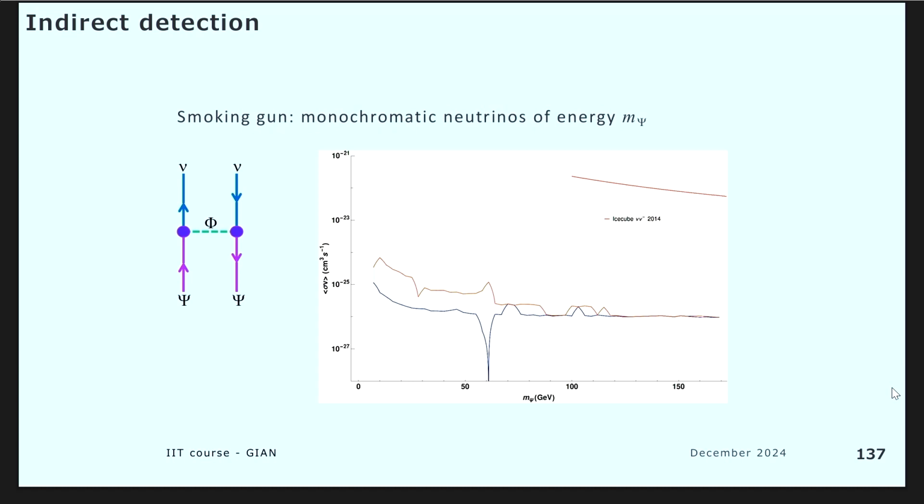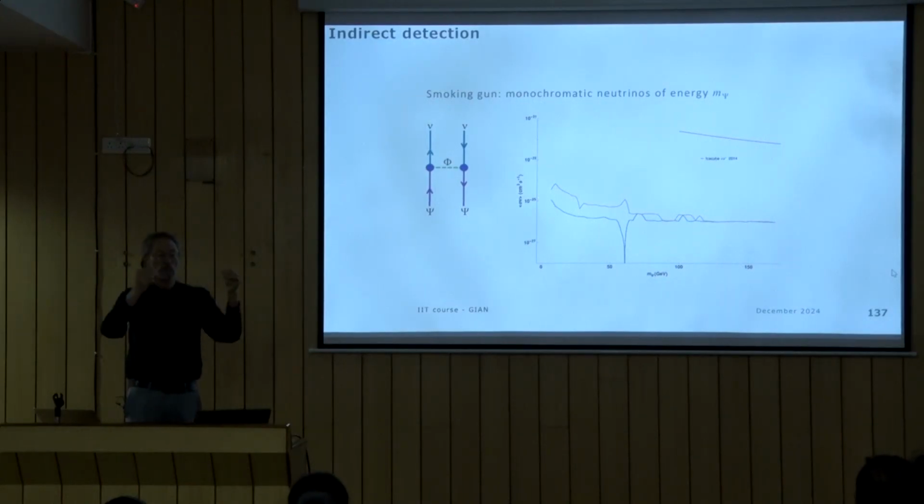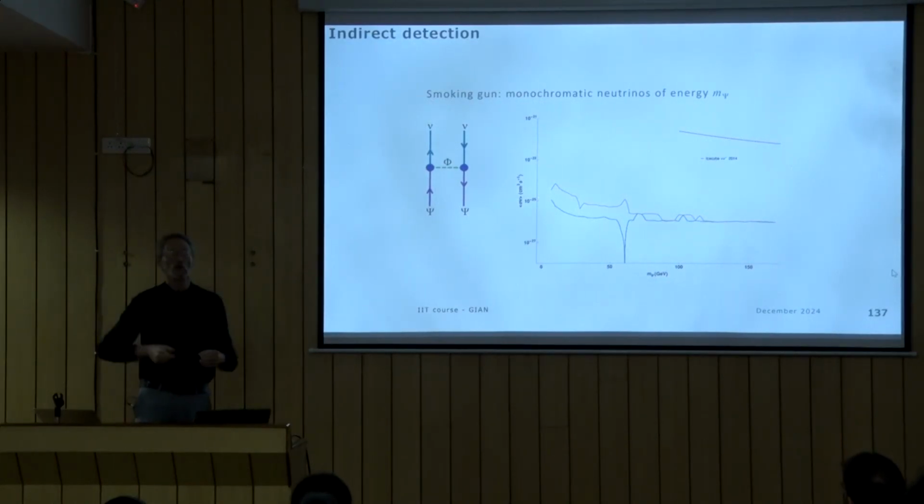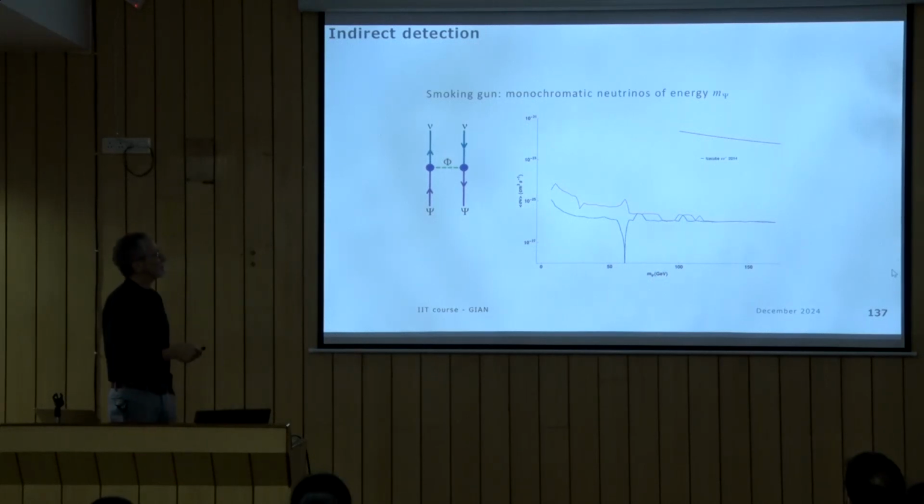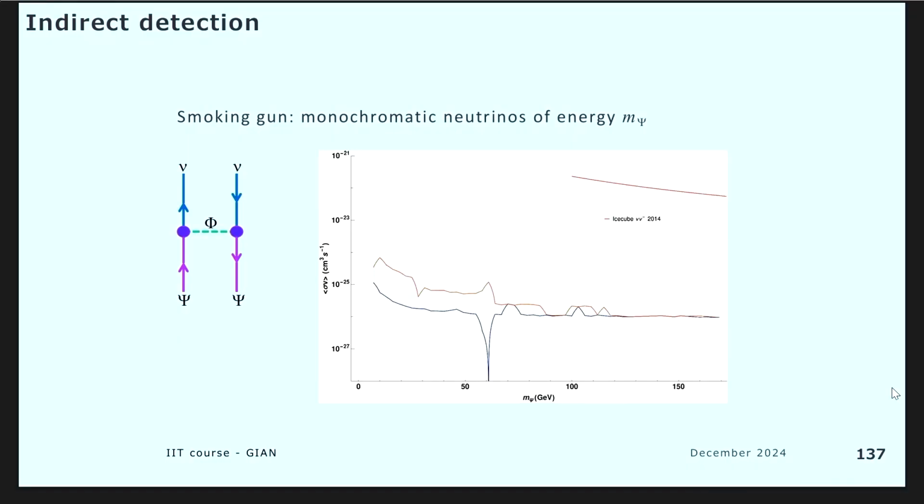This is a relatively large coupling, and the signature, since these particles would be sitting in the sun, they would come together and annihilate, would be two back-to-back neutrinos with energy half the mass of the psi. Again, 10 years ago, the data was very sparse. Now it's a little bit less sparse, but the predictions and the data are still far away from one another.